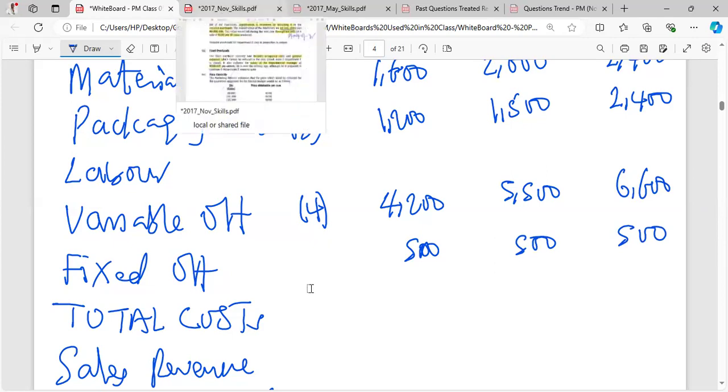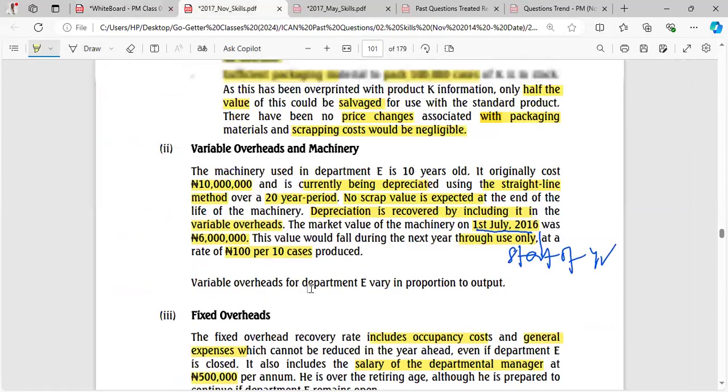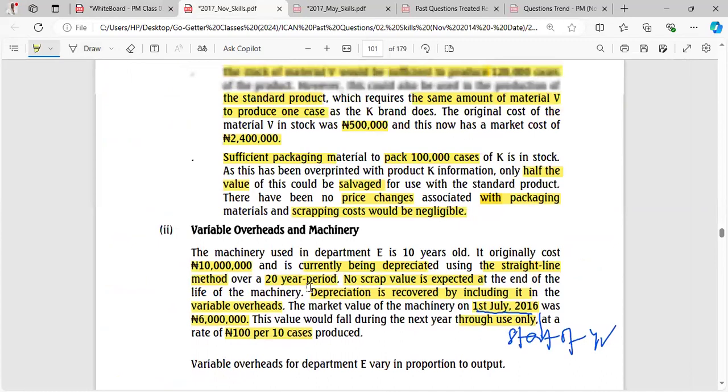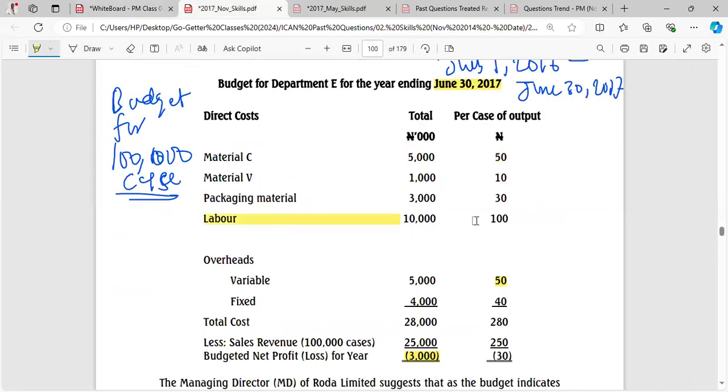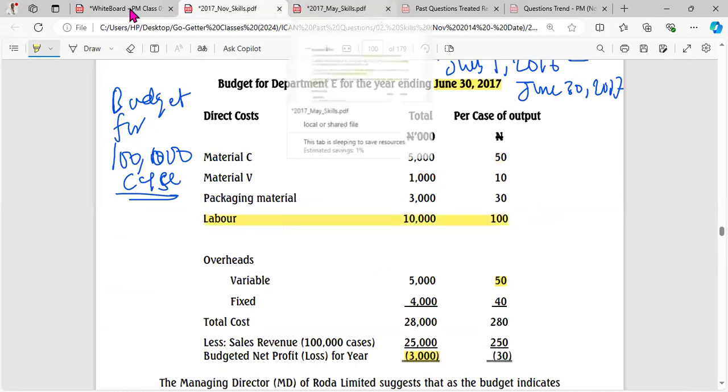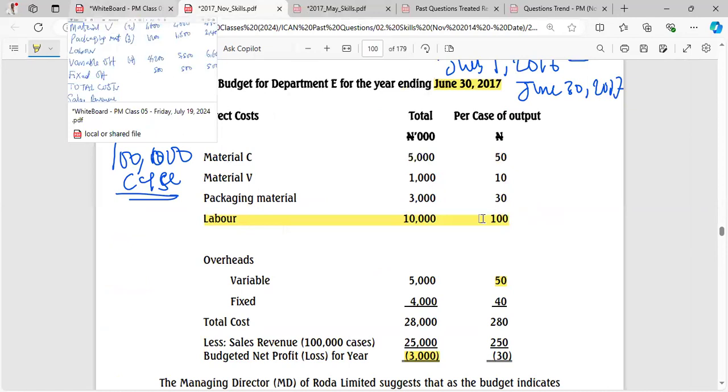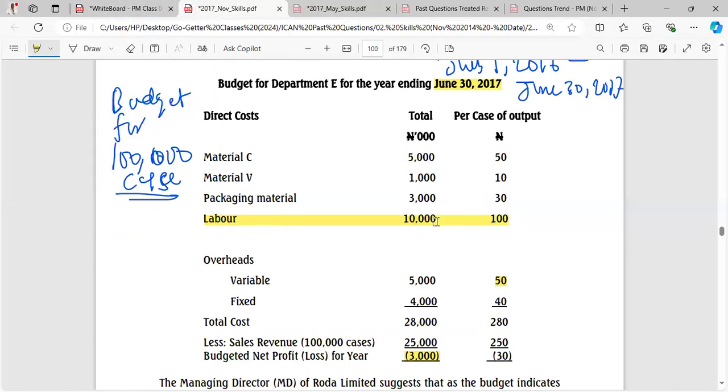Now, we've jumped labor. So that means nothing is talked about labor. So let's go and do labor. Labor was 100 naira per output of case.